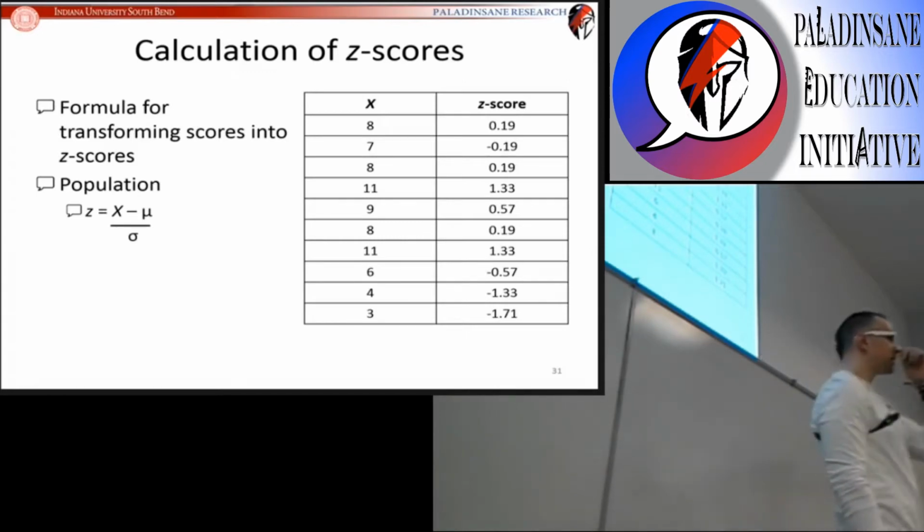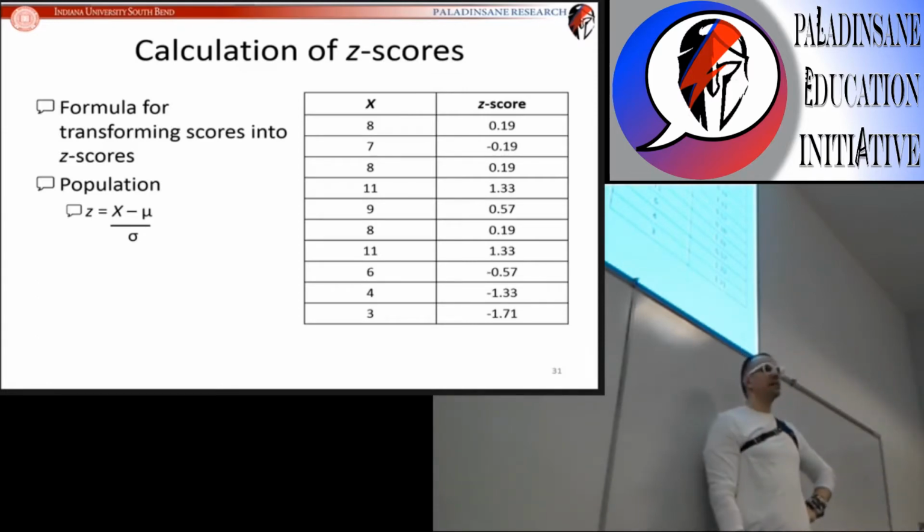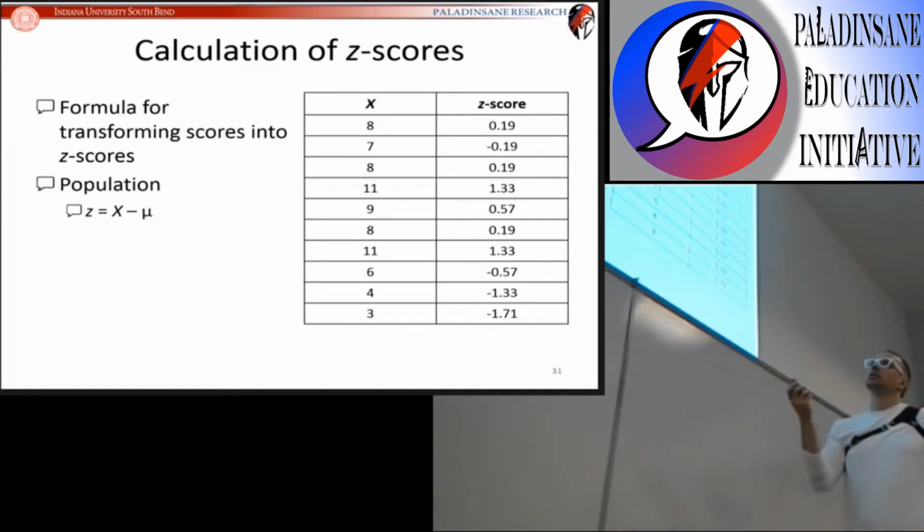So just to give you a conceptual understanding of it, the top part, the numerator, you might recognize as deviation. Remember last time when we were talking about variability, raw score minus the mean gives you your deviation. So this is the deviation of the raw score from the mean.